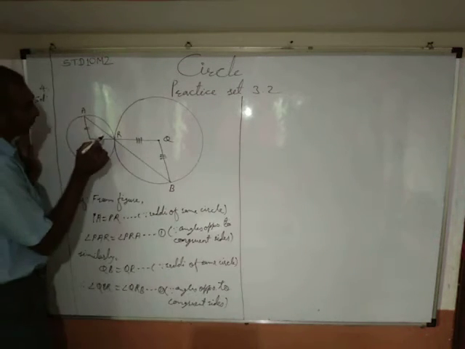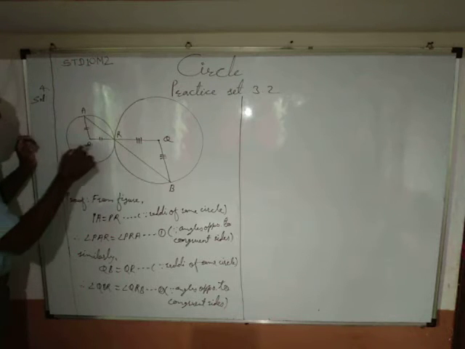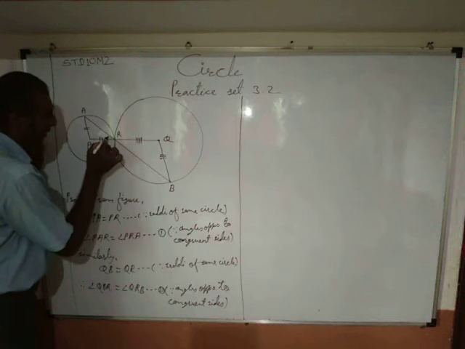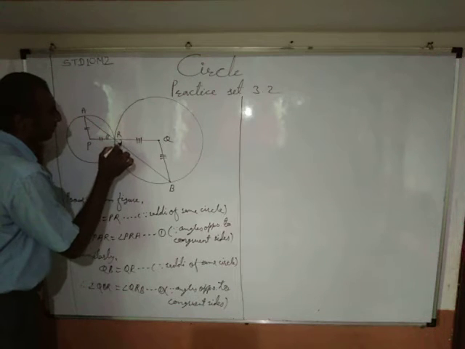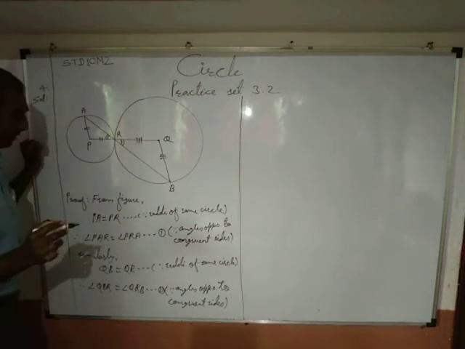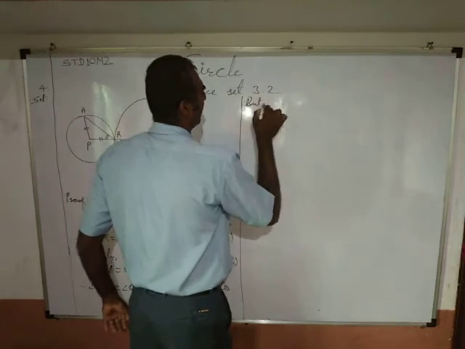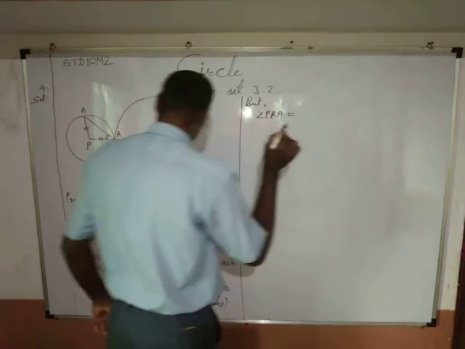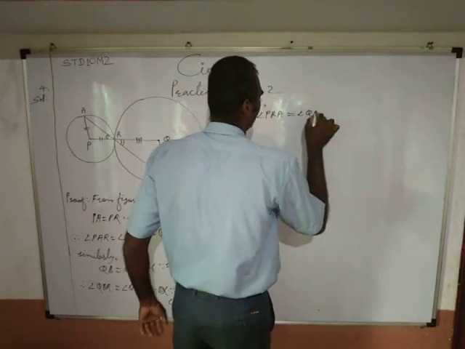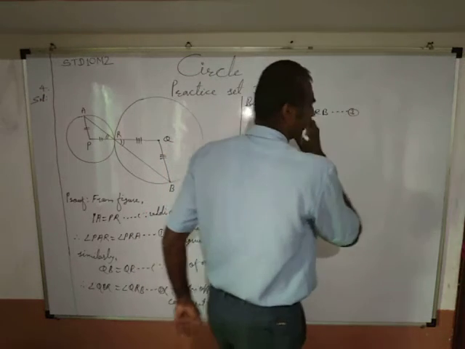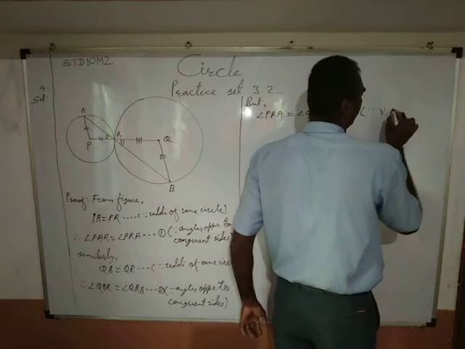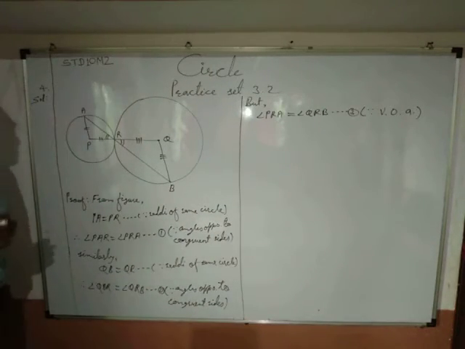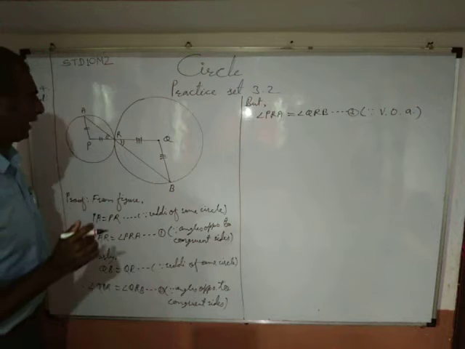But here you may note angle PRA and angle QRB are a pair of vertically opposite angles. But angle PRA equals angle QRB. Let's call it equation third, since vertically opposite angles, V.O.A., an abbreviation of vertically opposite angles.